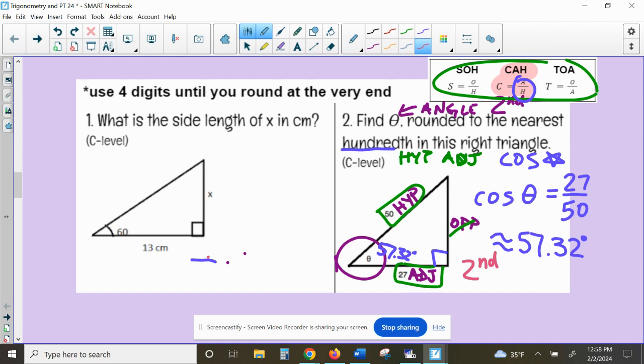After we hit second, what did we push? Cosine. And then in the parentheses, we put 27 divided by 50. And then we hit equals. So those were our keystrokes if we have to do it again, so we remember what buttons we pushed.